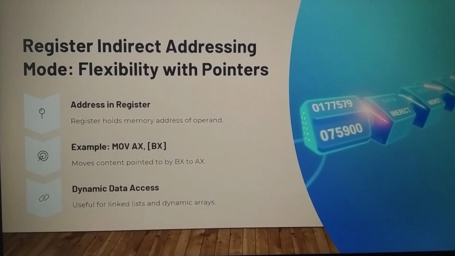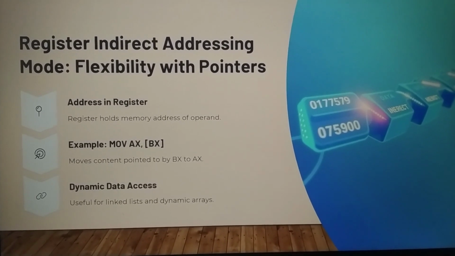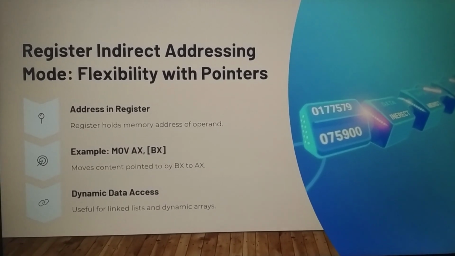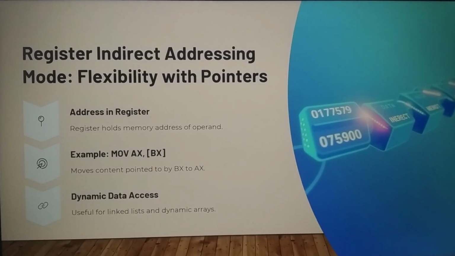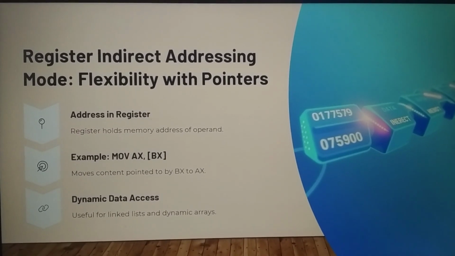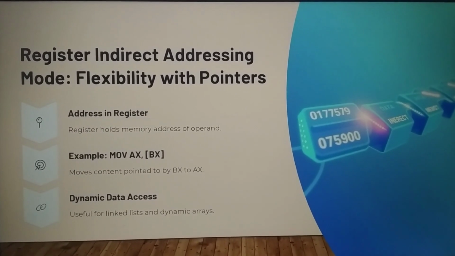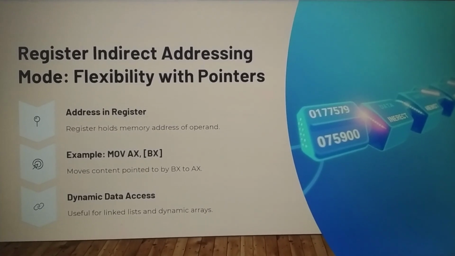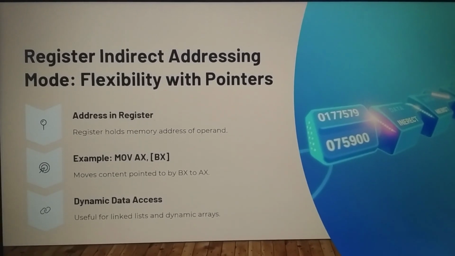For example, in the instruction MOV AX, [BX], the processor accesses the memory location whose offset is stored in the BX register and moves the content into AX. This mode allows programmers to access memory dynamically by simply modifying the contents of the pointer register without changing the instruction itself.